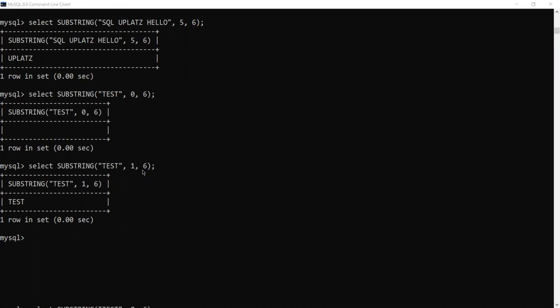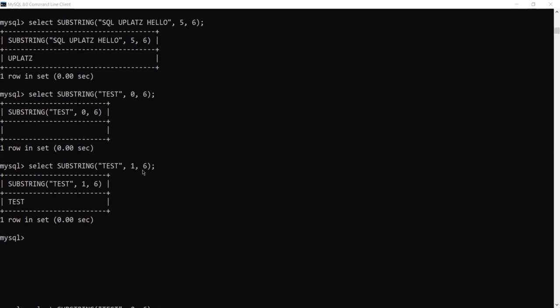But if you try the similar thing with the mid function, it will not yield the same output, because as I told you, the indexing of the characters is different. In the mid function it will index as 1, 2, 3, 4, but with substring, this will be indexed as 0, 1, 2, 3. So that was about the basic small difference between mid, substring and substr.